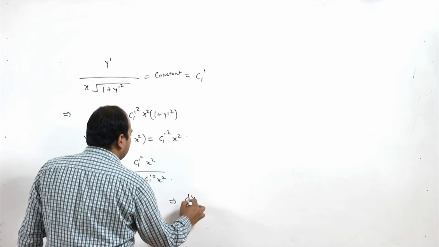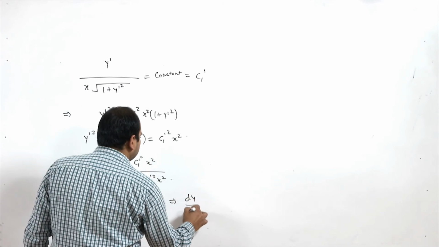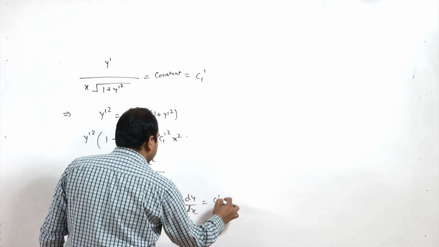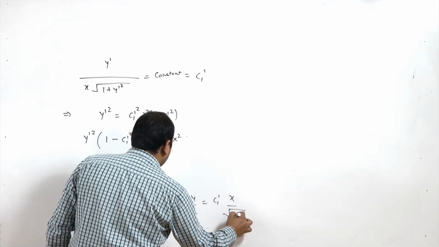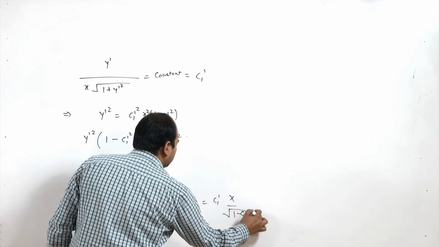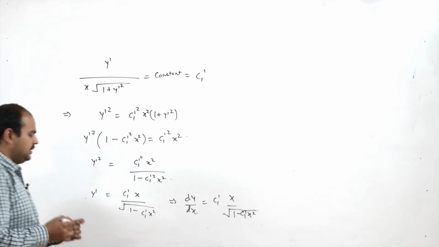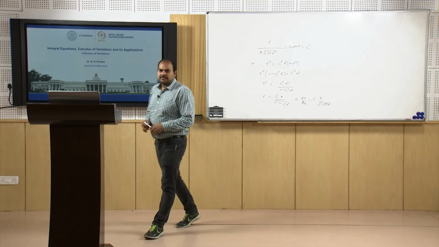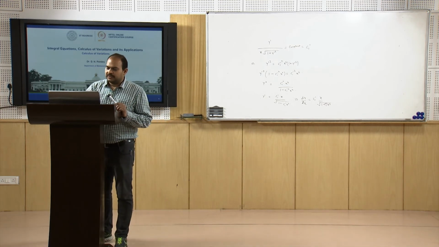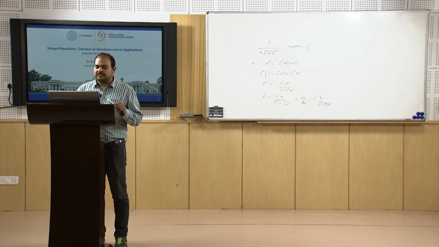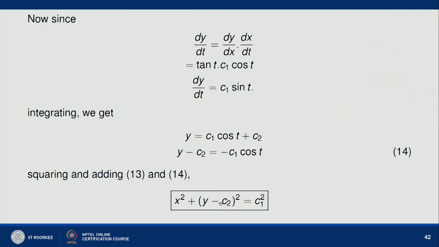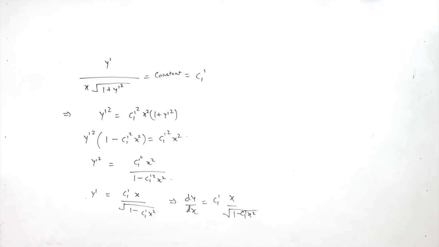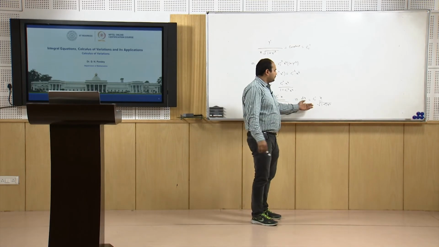So we can solve this by writing dy by dx equal to C1 dash x upon under root 1 minus C1 dash square x square, and this you can solve by simple integration. You can check that we get a similar kind of solution, similar to the family x square plus y minus C2 whole square equals C1 square, though you may get a different constant of integration.